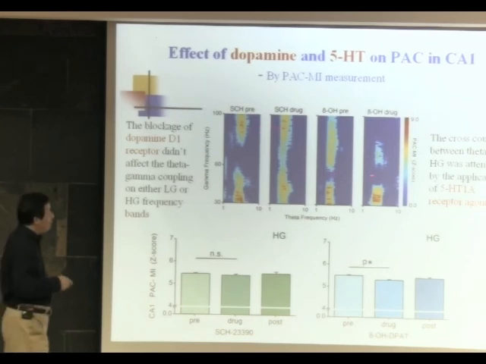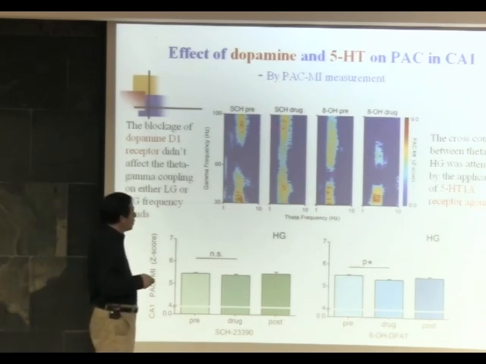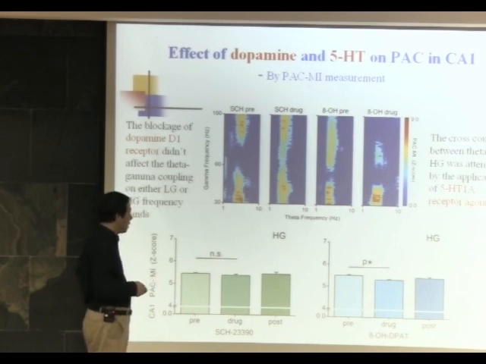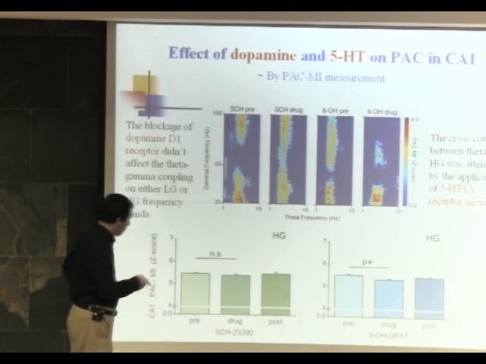However, the cross coupling between theta and high gamma was significantly attenuated by the application of the 5-HT receptor antagonist.